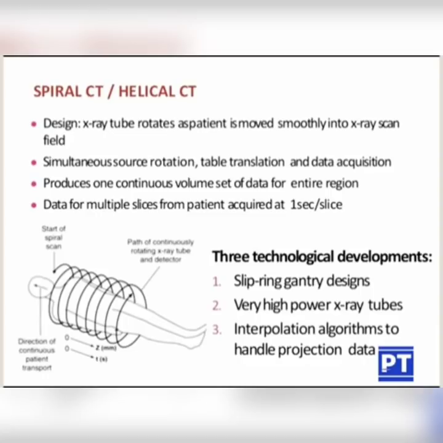Three technological developments made this possible. First, slip ring technology: the slip rings inside the gantry help the continuous rotation of the X-ray tube and the detector around the patient. Second, very high power X-ray tubes. Third, interpolation algorithm to handle projection data.